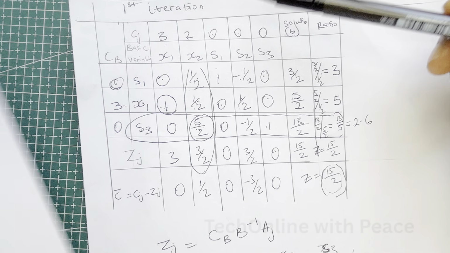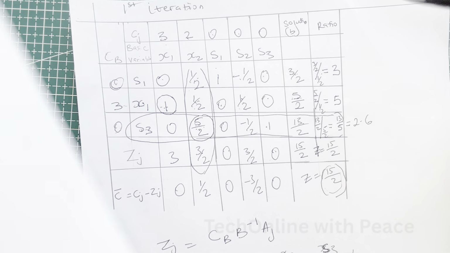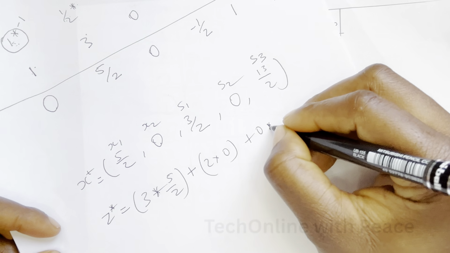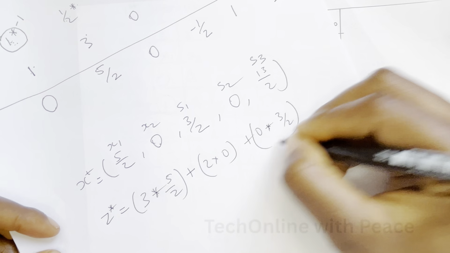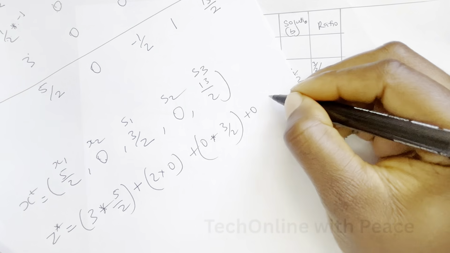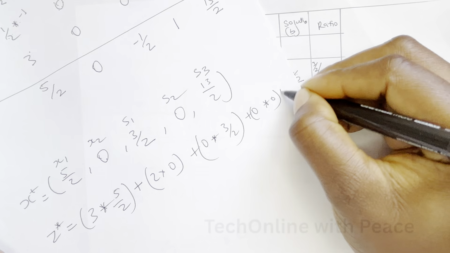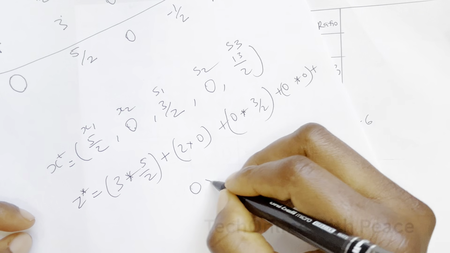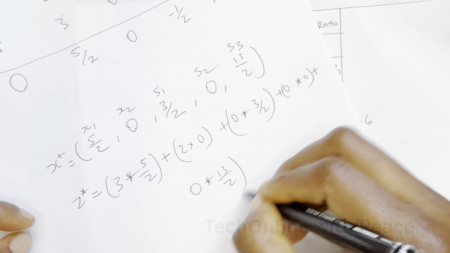For X1 we have 0, so plus 0 times 3 over 2. Remember, X2 and X3 have 0. So we say plus 0 times 0 plus 0 times 13 all over 2.